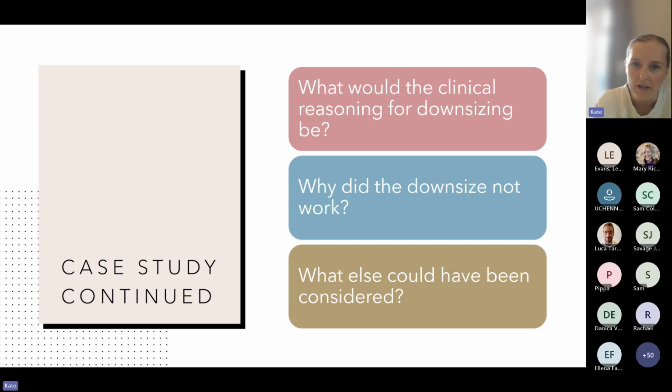I just want to remind you that although by downsizing you can create more airflow around the tracheostomy, you've also got to remember that by downsizing you're making the inner cannula smaller, and that in turn reduces the air supply, and it makes the patient have to work harder, and their work of breathing increases.